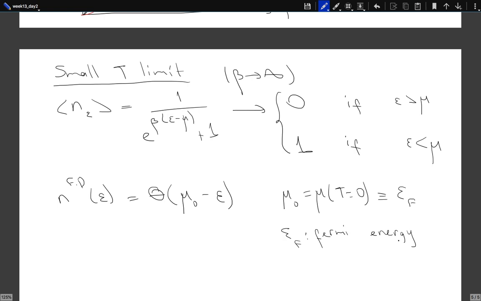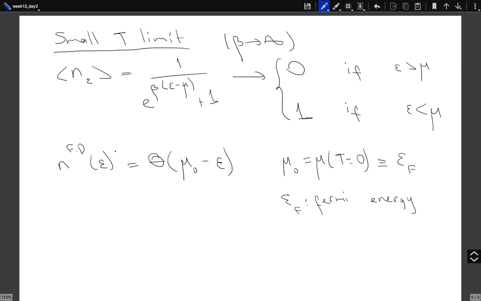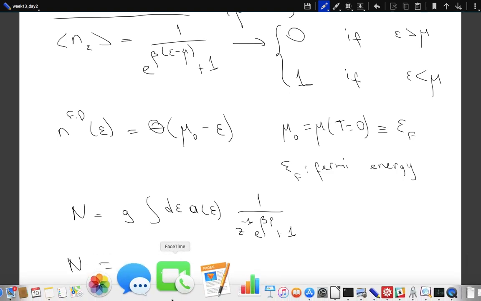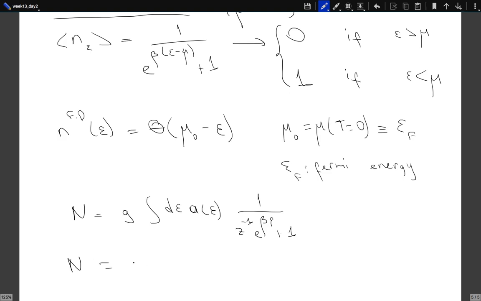So let's look at what this Fermi energy is. You see, the chemical potential is always determined by this equation: N is equal to the integral of d epsilon A(epsilon) times 1 over z to the power minus 1 e to the power beta epsilon plus 1. Now, at T equal to 0, the number of fermions is still fixed. This is the integral of d epsilon A(epsilon), but this is now a step function.